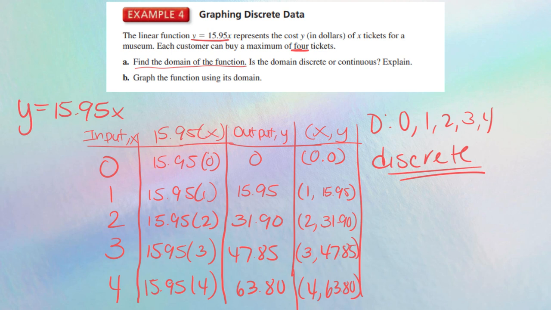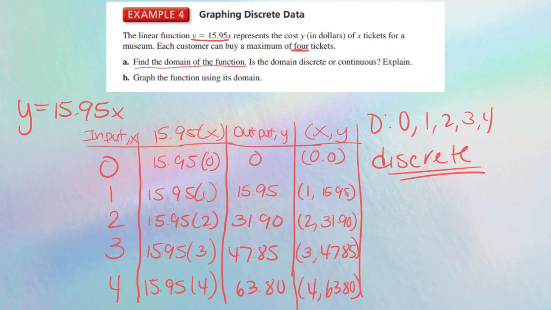It consists of individual points. Are all these tickets you're buying individually? We're going to do one graph with continuous so you guys can see. It's individual points. All these are individual points. Okay? This is not continuous.